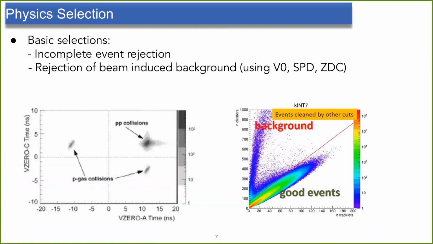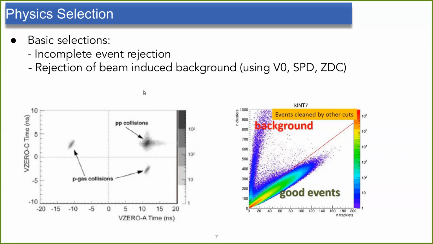Now let's go into more details of this physics selection. As I mentioned, this physics selection rejects your beam induced background, that is the collision between your beam and the residual gas in the beam pipe. How can one do it? One can do it using the information of V0, SPD, and ZDC.